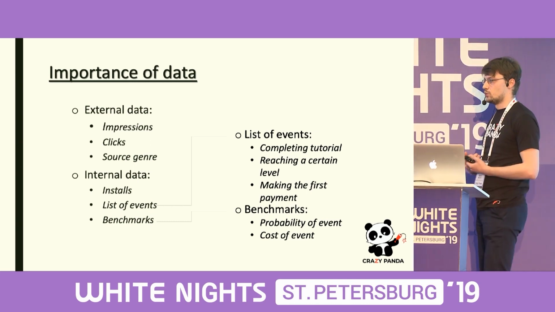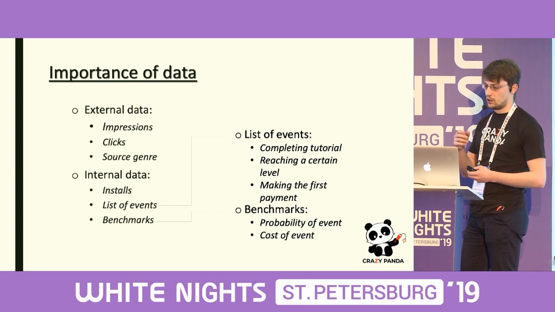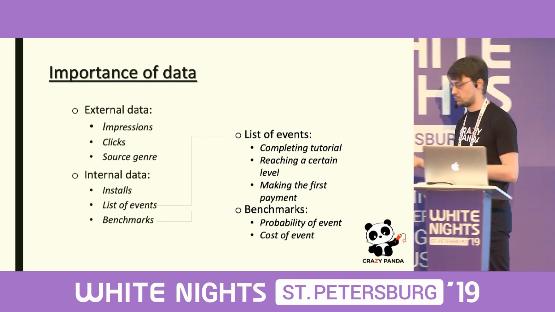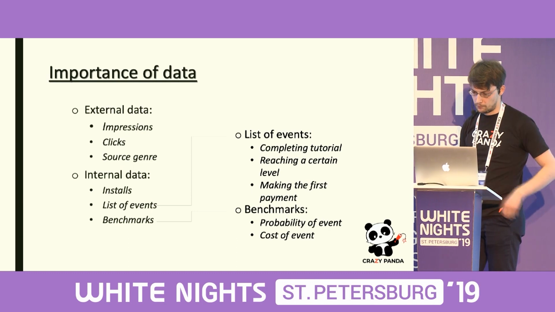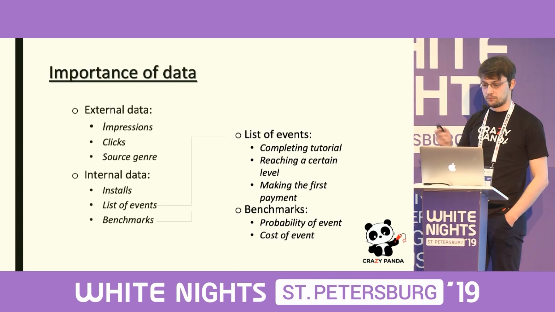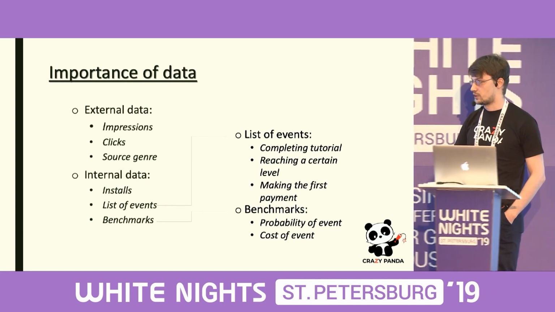To be able to compare these two types of users, we have to use cost of event instead of probability of event because it's not representative in that case. So, events and benchmarks.